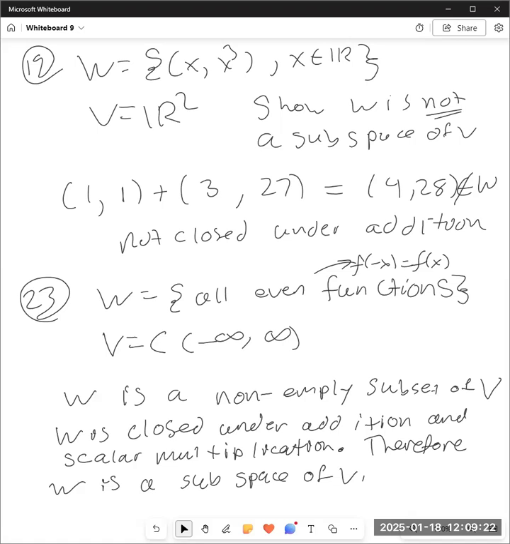Also, we're going to have an extension of this idea in differential equations, where we want to talk about fundamental sets for a solution set where our components are not just vectors but they are functions.